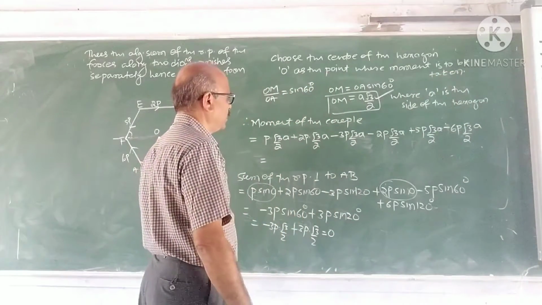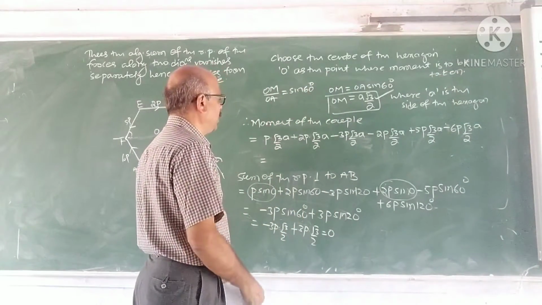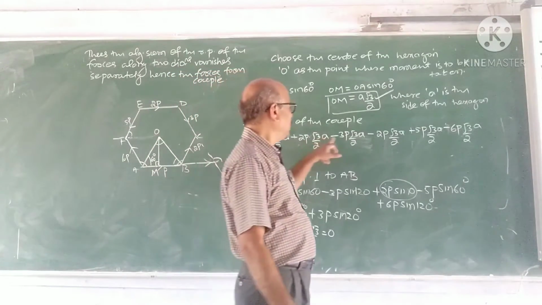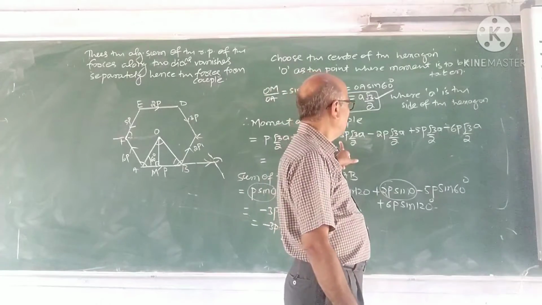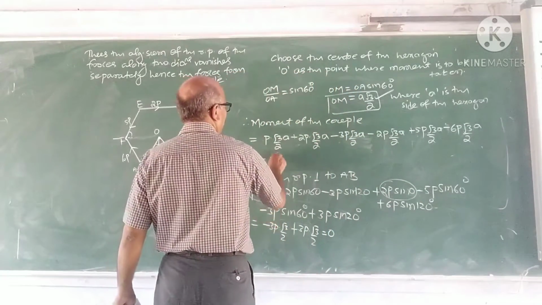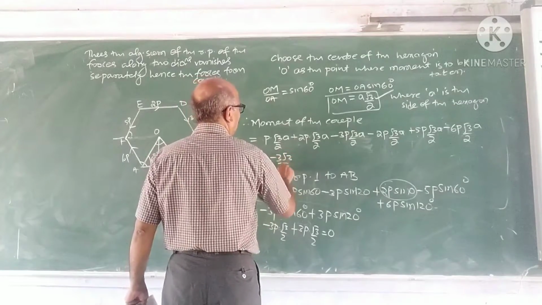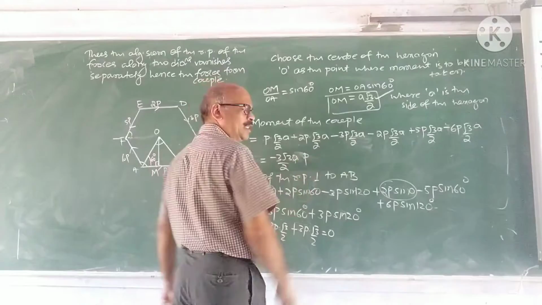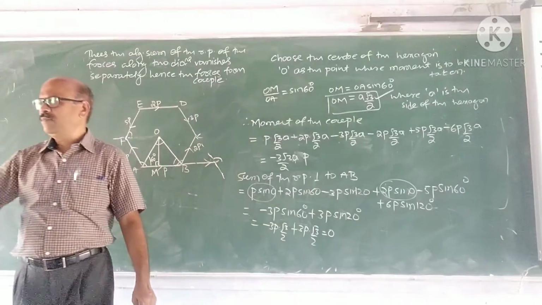Therefore, calculate: 3 minus 3 cancels. The result is minus 3 root 3 by 2 a into P. This is the moment of the couple.